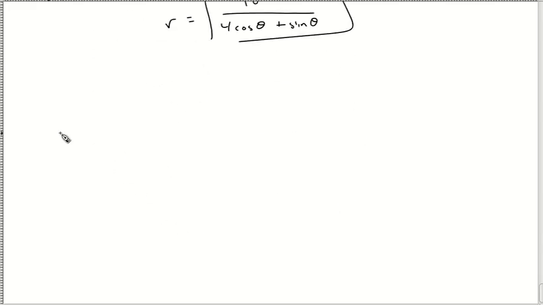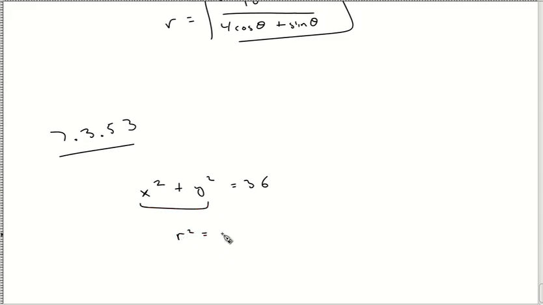Okay. So the next one is the same style. We're converting into polar, and this is actually like so super easy. What you could do is say, well, this is r cosine theta, r sine theta, and go through all the mix. But if you notice that this is actually a formula unto itself, that is r squared.